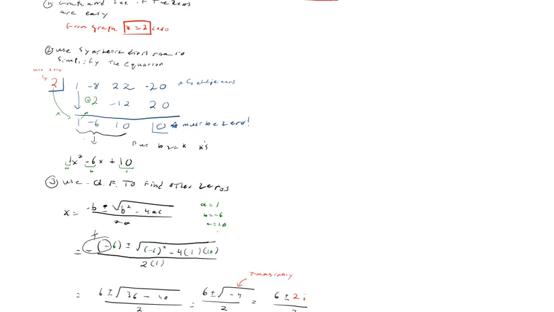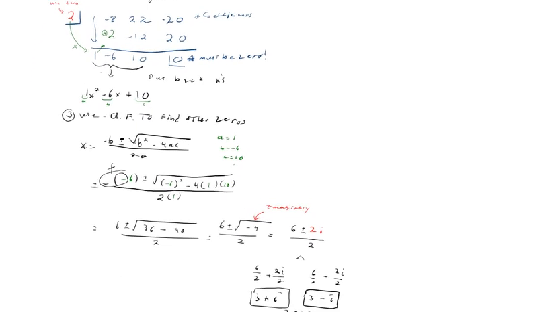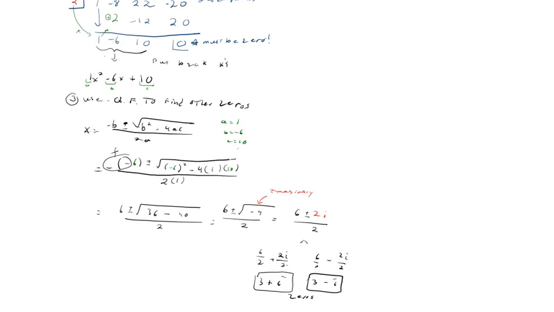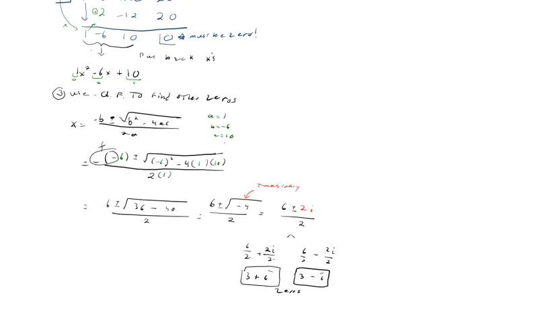Let me see if I can find another example here. I want to do one that's all rational, or has all zeros. Let me try to find one that is worth doing.